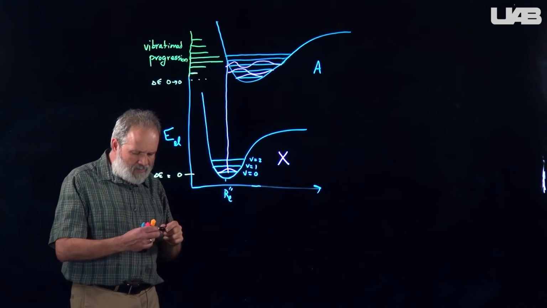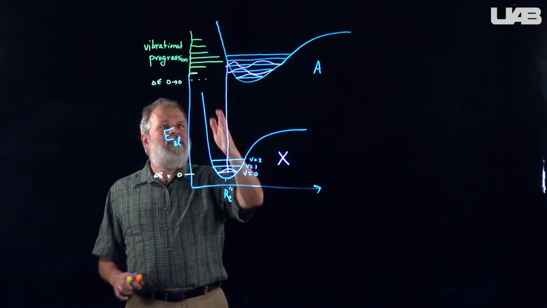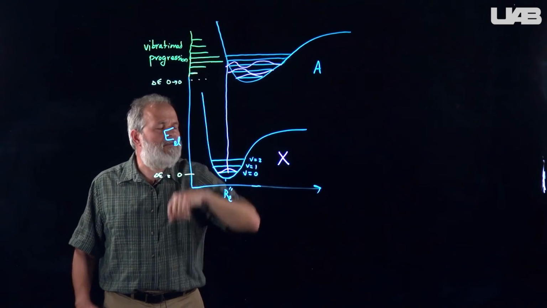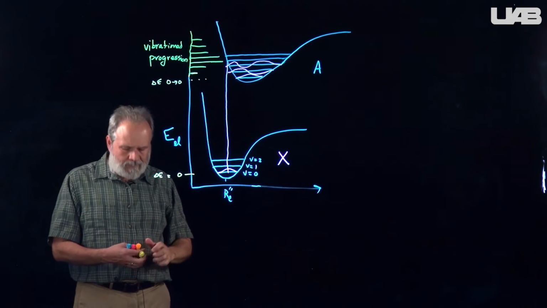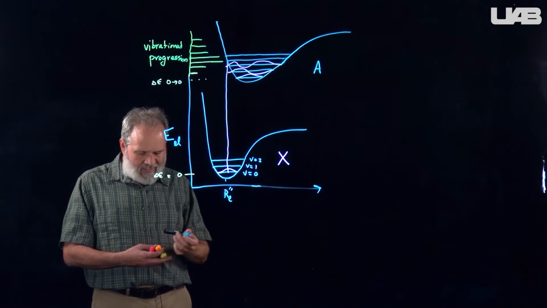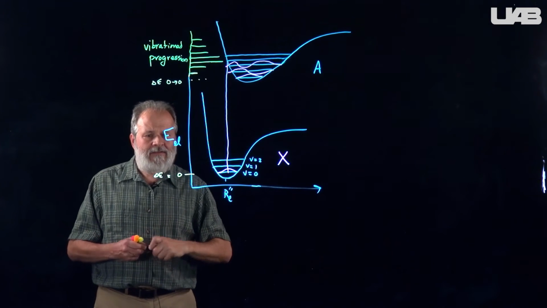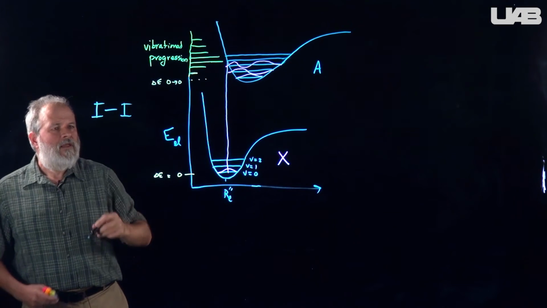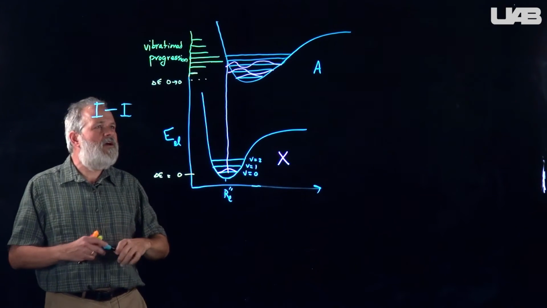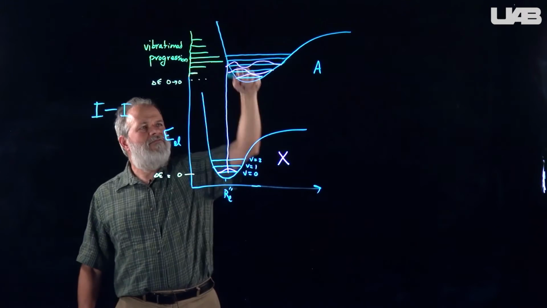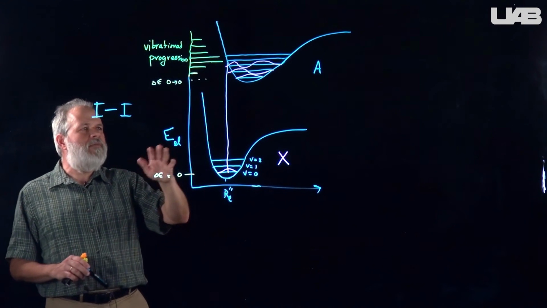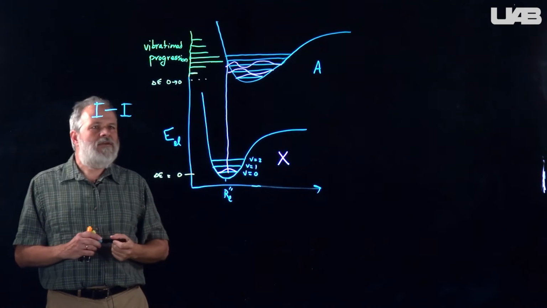This is a very famous phenomenon where you see lots and lots of peaks because you're exciting to lots of different vibrational levels of the excited state. One of the more famous examples of this is molecular iodine. The reason iodine is so famous is because it has about 100 vibrational levels in the excited state, so you see many, many peaks.